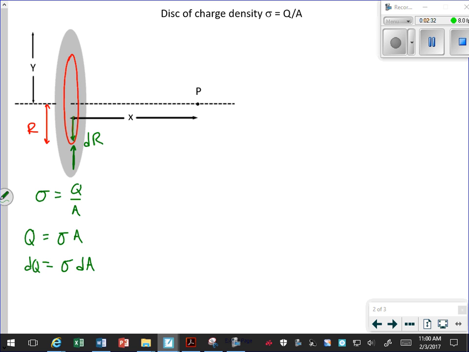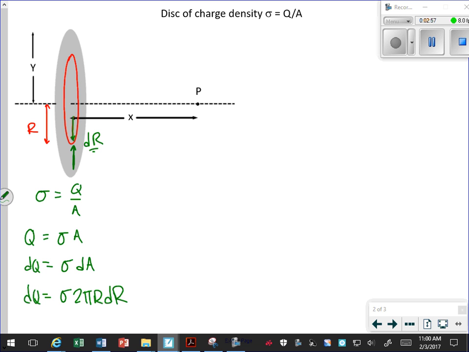So dq is sigma times the little tiny area, which is the circumference of that hoop times its little tiny thickness. So that's 2 pi r dr.